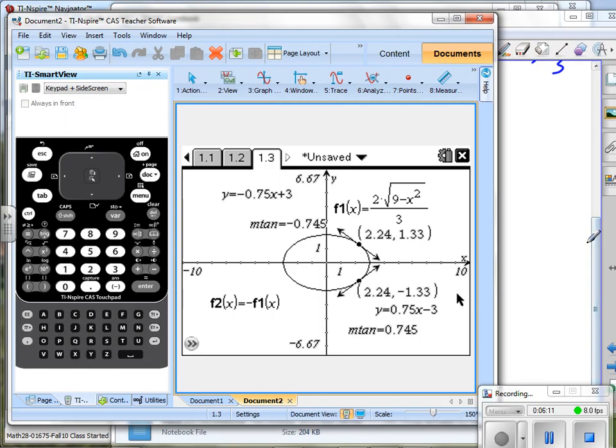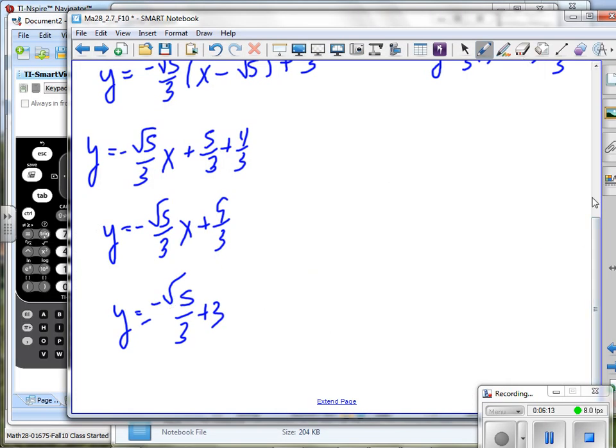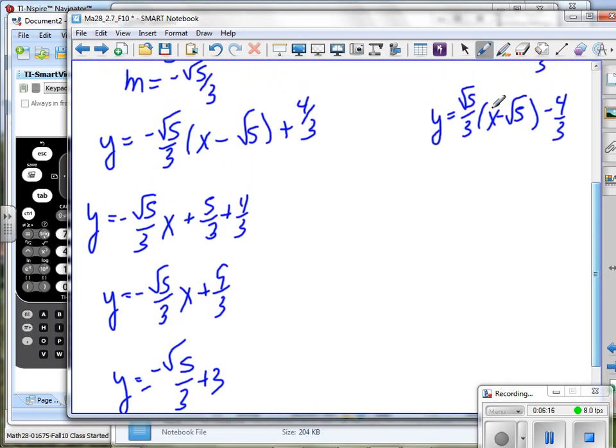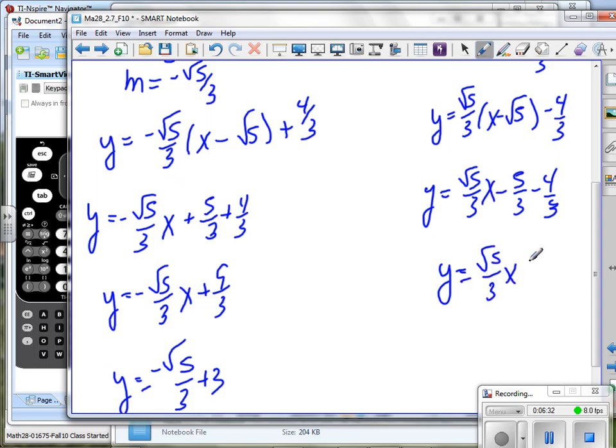So if I were to do this portion of it right here, I would have the same work. So I'd have y equals square root 5 divided by 3, x minus 5 divided by 3 minus 4/3. So I end up with y equals square root 5, there's an x in there someplace, minus 9/3, which would be then my -3.